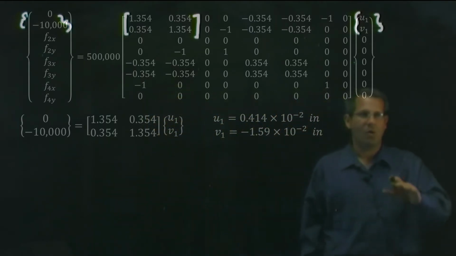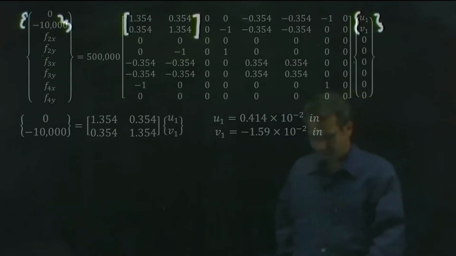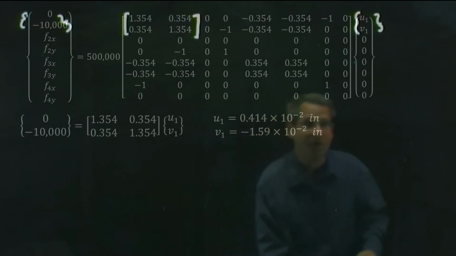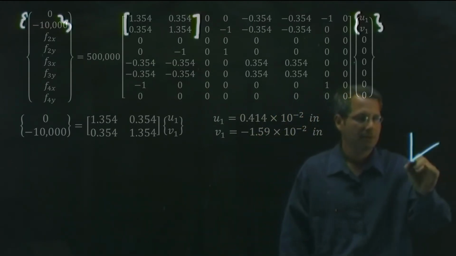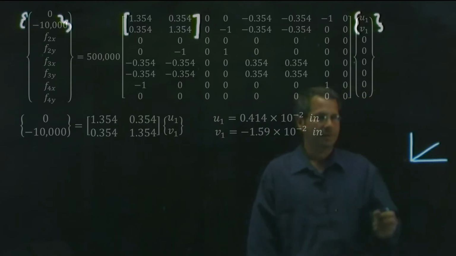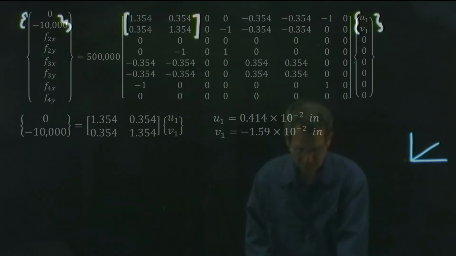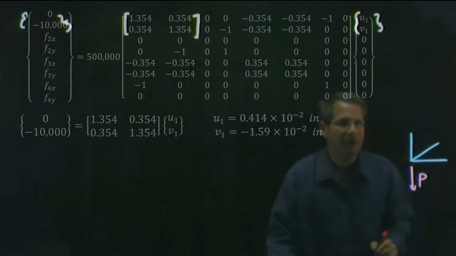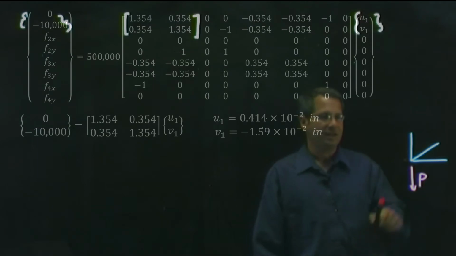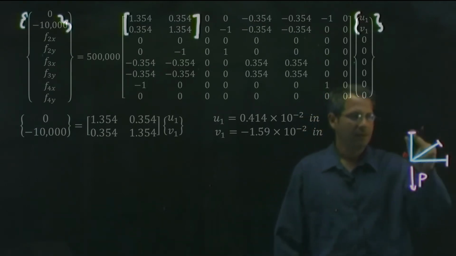Now, before we go on, we should see if that answer makes any sense. Remember our system. We have 3 bars. We're looking at node 1. I have a force applied in the negative y direction, and I have immovable points here.